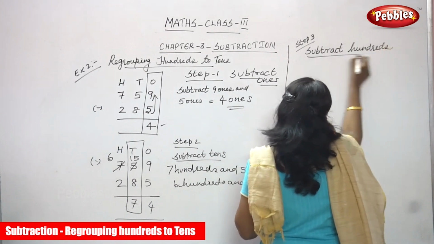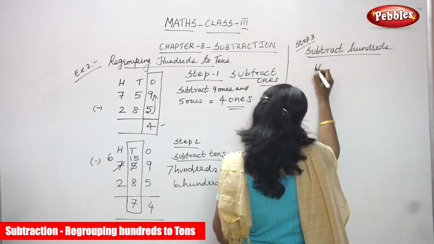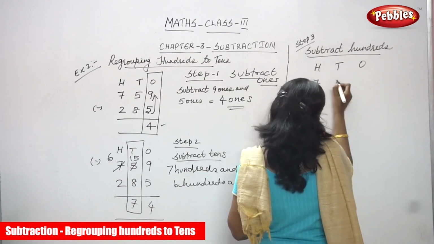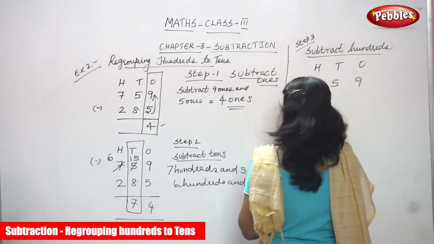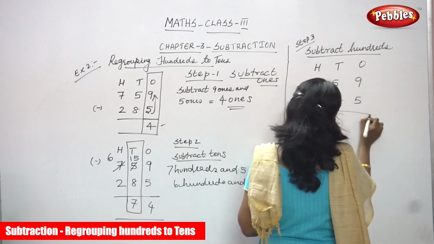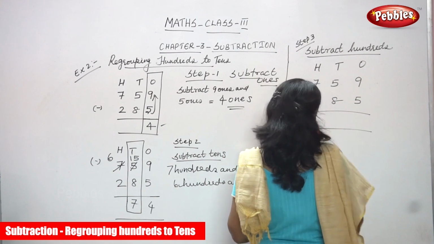Subtract hundreds, the heading. So what you're going to do, that is H, T, O, hundreds, tens and ones: 7, 5, 9 and 2, 8, 5. From 759 I have to subtract 285.